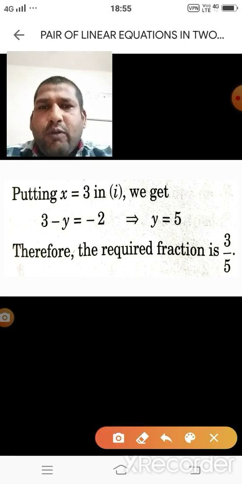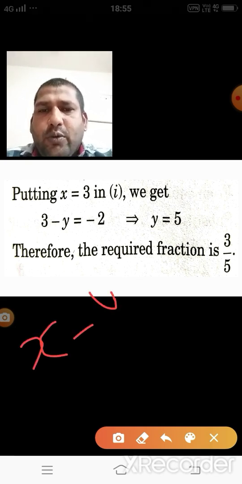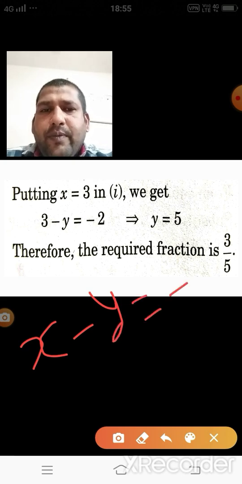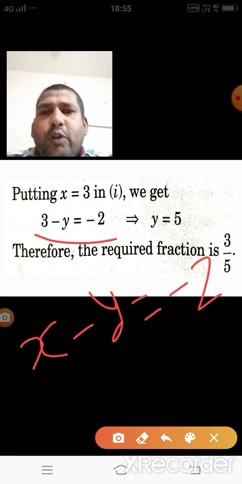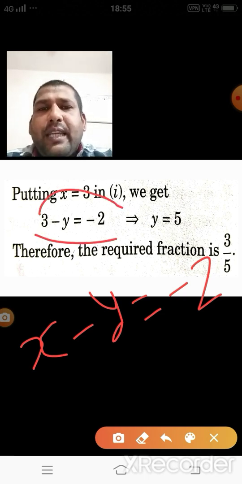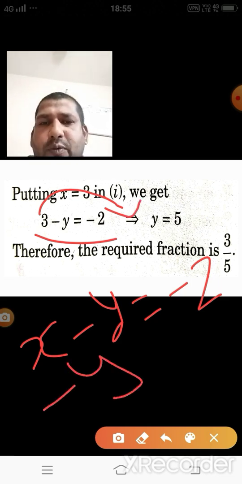Then we put the value of x in the first equation, x minus y equal to minus 2. Putting the value, we get 3 minus y equal to minus 2. Taking 3 to the other side, we get minus 5, so minus y equal to minus 5.